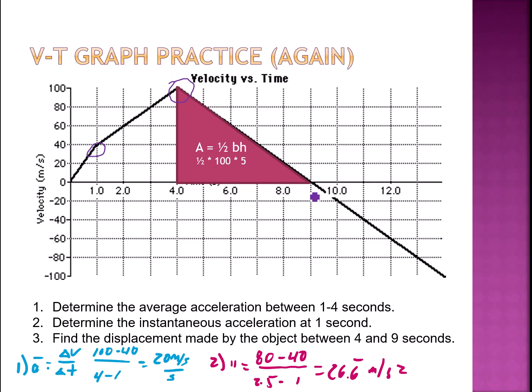Base is going to be the seconds, height will be the velocity. What is a meter per second times a second? And you get a meter, so you even get the right unit. It means you travel 250 meters. If you didn't do this, you would have to do physics equations, which we'll do in a practice problem here in a little bit.